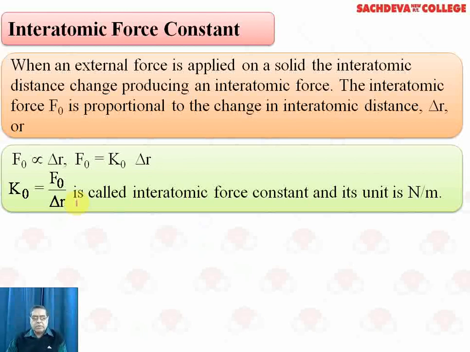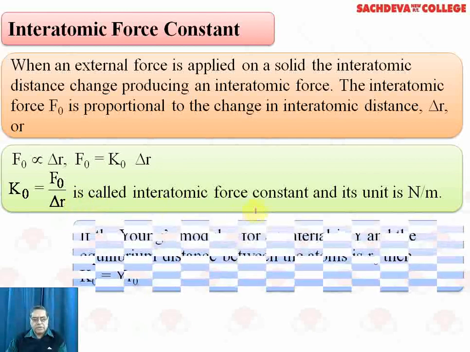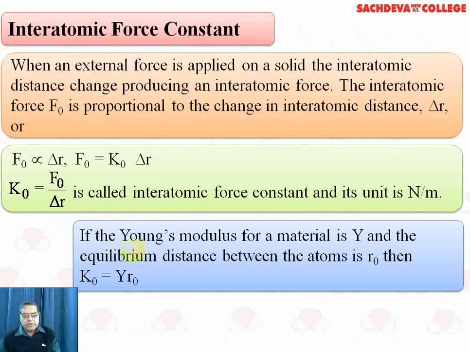If we want to estimate the dimension, we put the dimension of force, that is MLT^-2, divided by meter. We can simplify this and get the dimensional equation of K0, the interatomic force constant. If the Young's modulus for the material is Y and the equilibrium distance between the atoms is R0, then K0 will be equal to Y into R0.